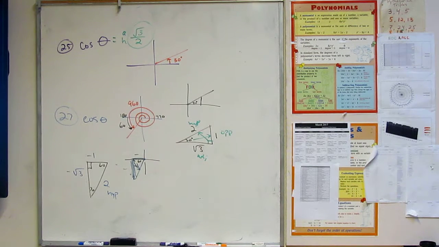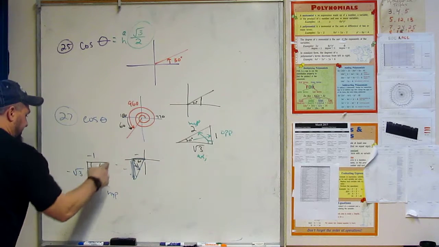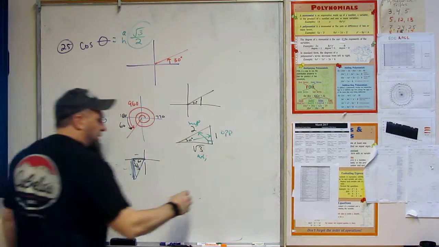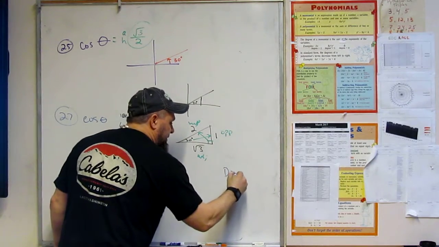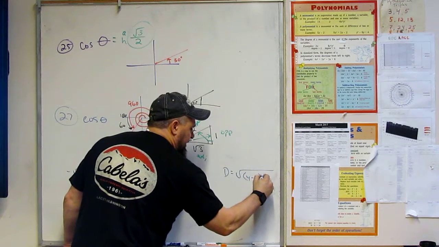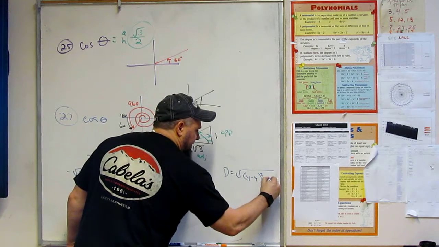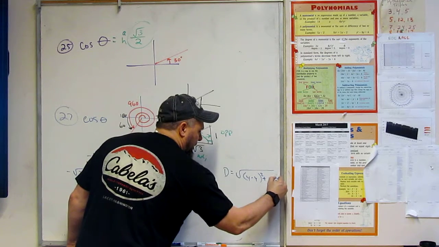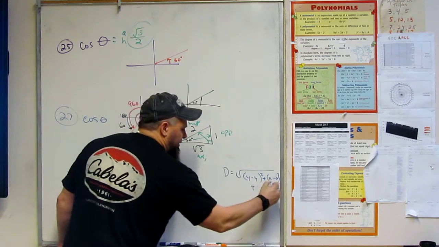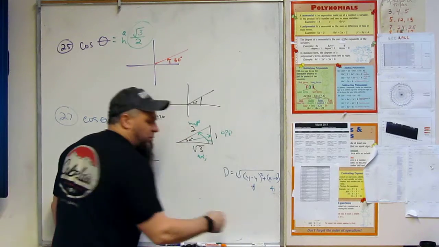Okay? Now the distance is never negative, right? Because it's a distance between 2 points. We talked about that, right? The distance formula is equal to the square root of the difference of y's squared plus the difference of x's squared, right? And so when we square this, that's a positive. When we square this, that's a positive, no matter what, right?